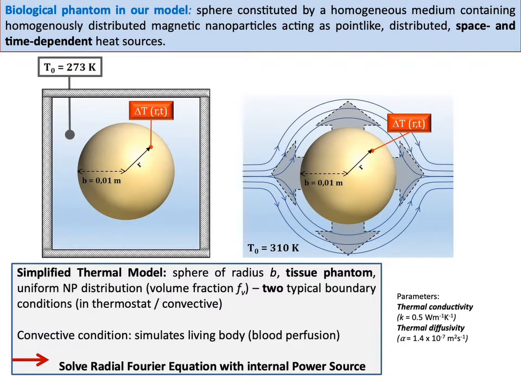We have two conditions: one is a thermostat one at 0 Kelvin, and then we have a convective one, which is the more realistic one that simulates the living body, in which the temperature is around 310 K. The parameters of the simulated living body are the thermal conductivity and thermal diffusivity shown here.